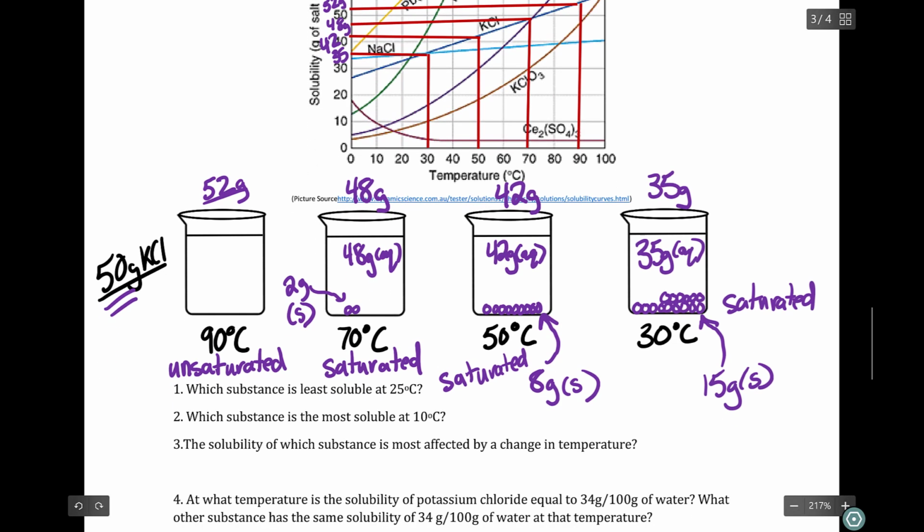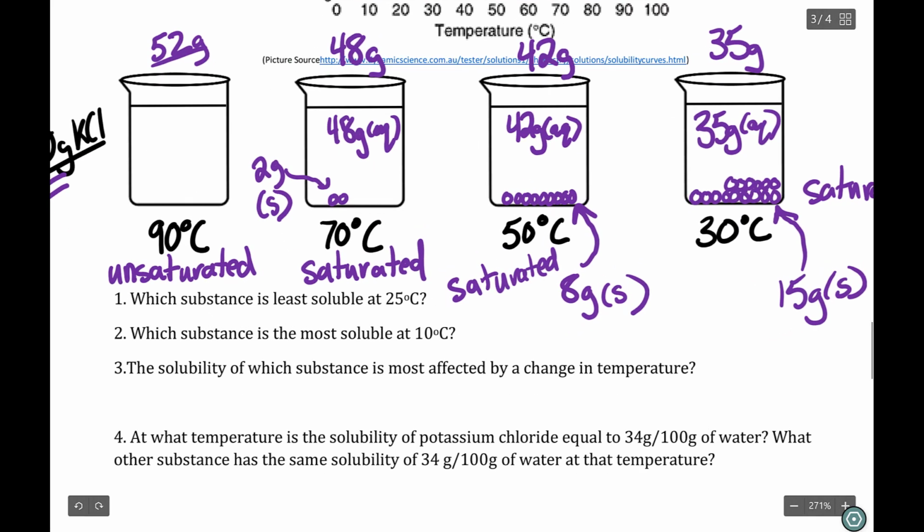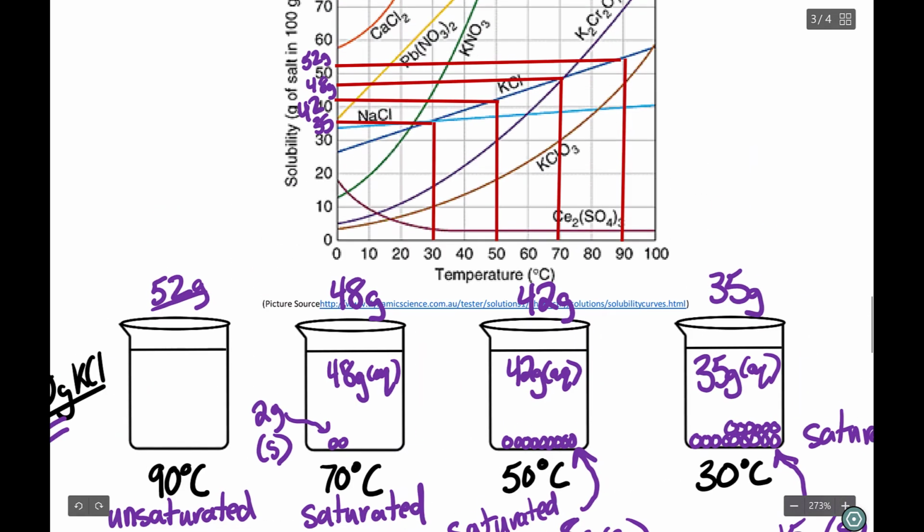So what we're going to do is answer these 4 questions, okay? Which substance is the least soluble at 25 degrees Celsius? Well, okay, I go to 25 degrees Celsius, which is here. Whichever one I come across and hit there.